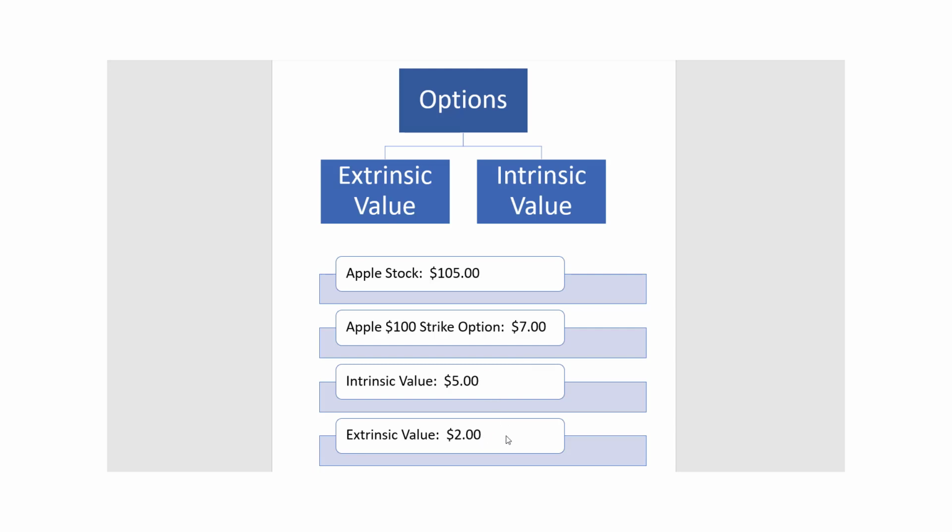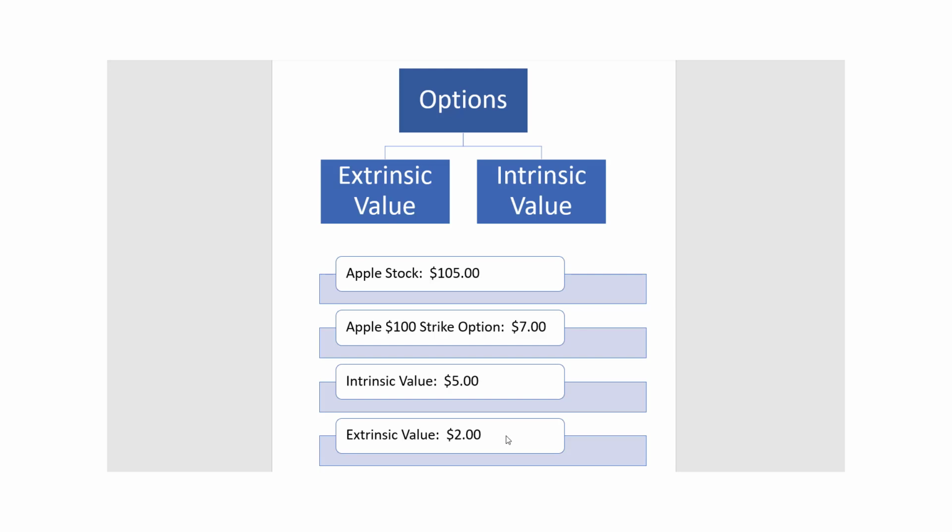The extrinsic value is made up of all sorts of different criteria and factors. There's things like the time value of the option, the volatility associated with either the stock or with the market environment, and things of that nature. It can be considered somewhat complex.